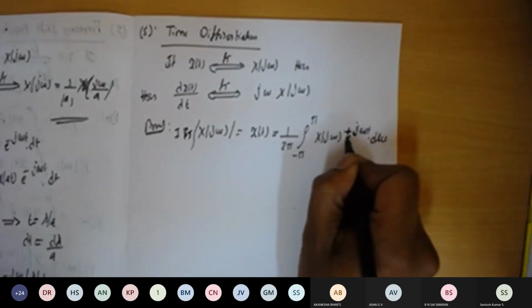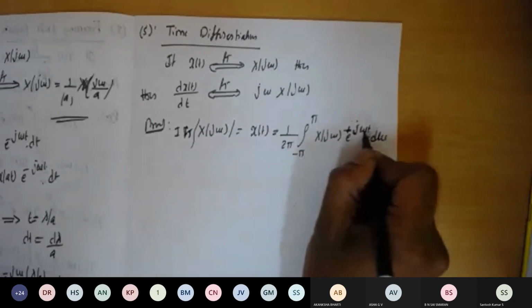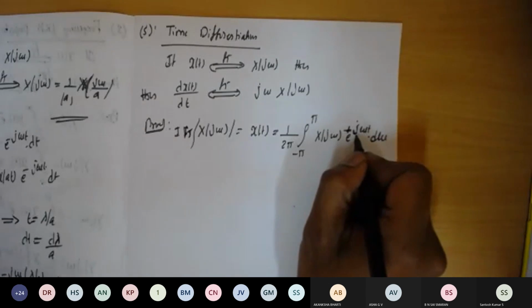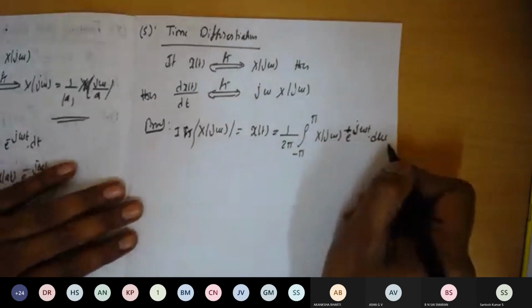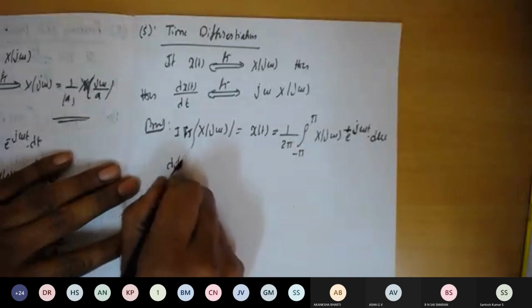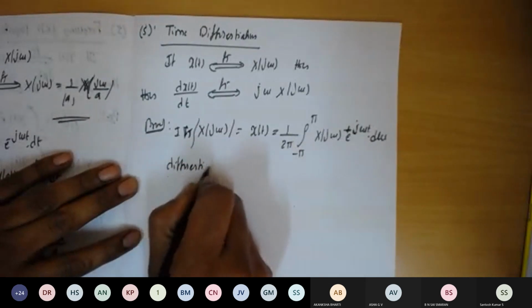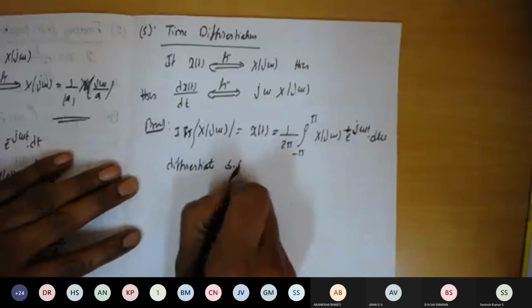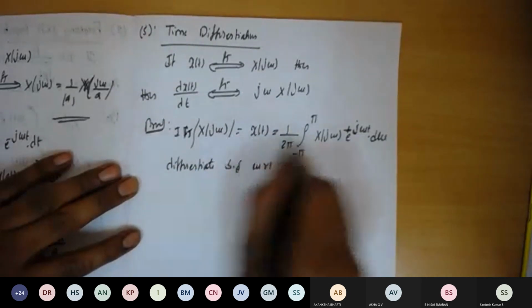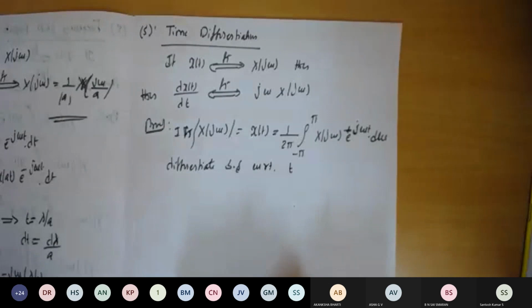For the Fourier transform we have minus j omega t, and for the inverse Fourier transform we have plus j omega t. So now differentiate both sides with respect to t.